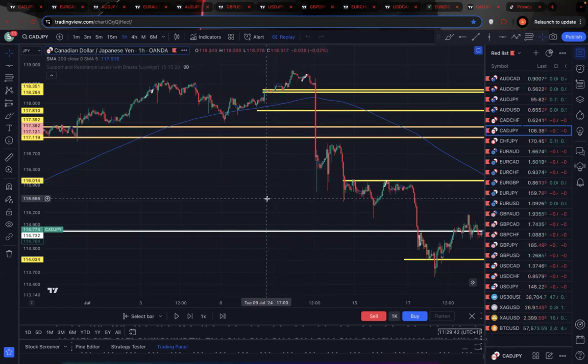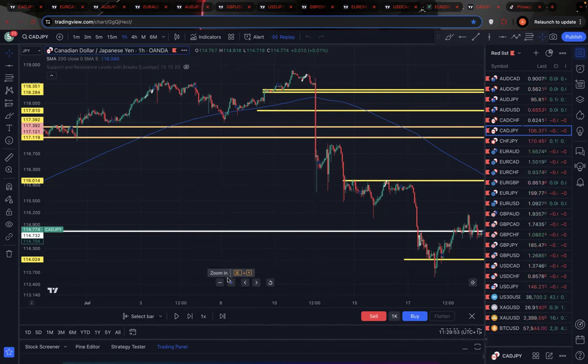I know fundamental news and technical analysis don't go hand in hand. They are more like enemies. So look at how it fell from here. It didn't even respect any of these levels. It just fell through. So it eventually broke here.